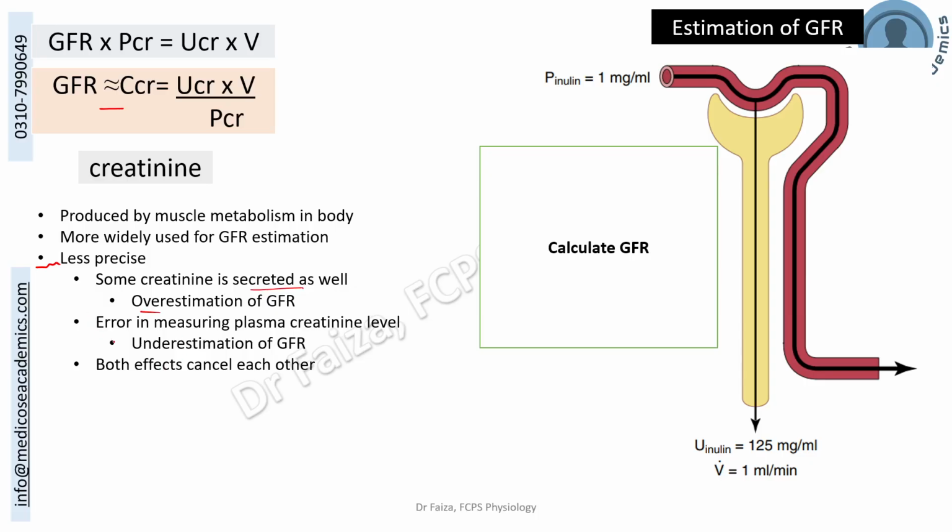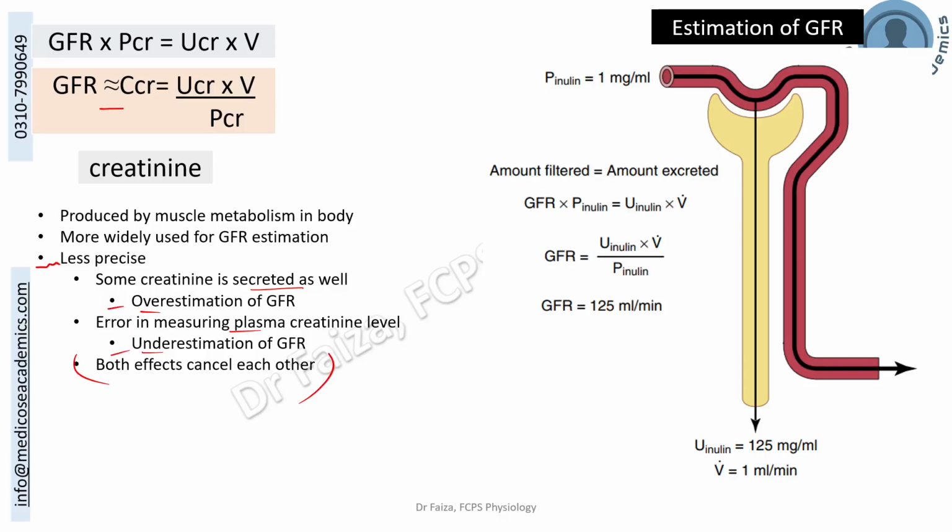But when we measure the creatinine concentration in the plasma, the lab methods we have available slightly underestimate the GFR. So both of these cancel out each other, and we consider that creatinine is a good alternative to inulin for estimation of the GFR.